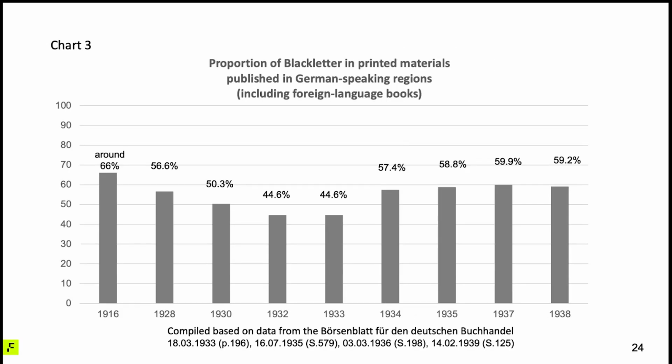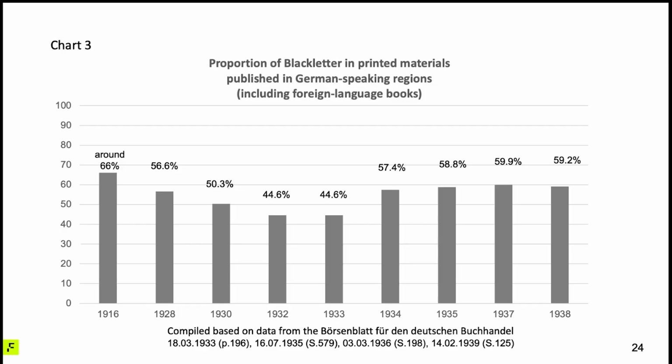The use of Blackletter in printed materials from the same period shows a different pattern. Up until around 1938, it was used at a rate of approximately 45% to 60%.